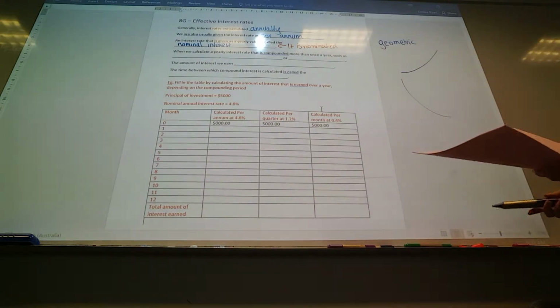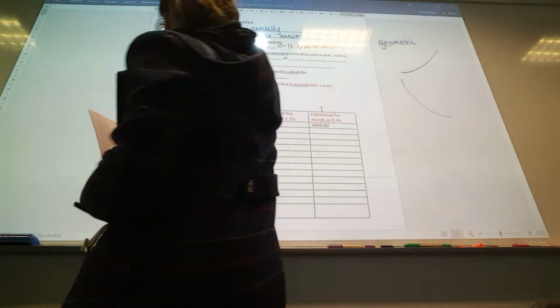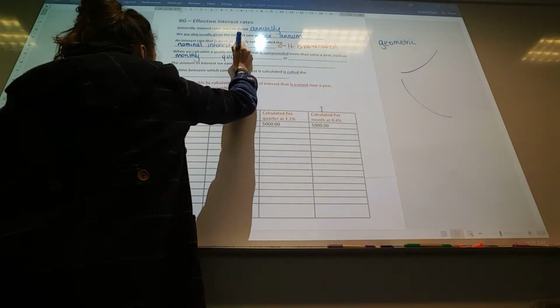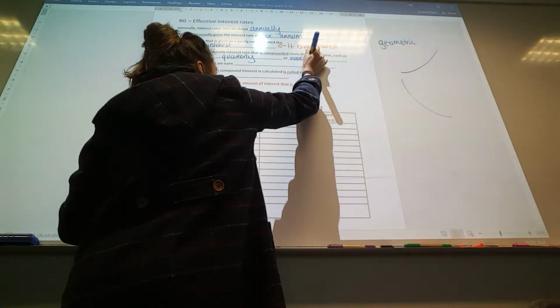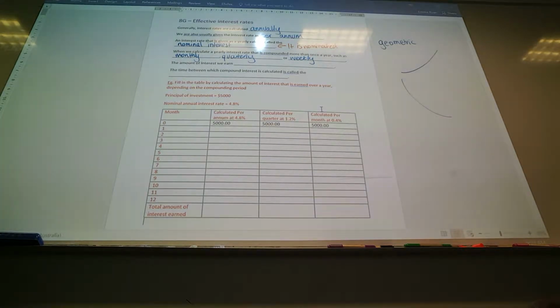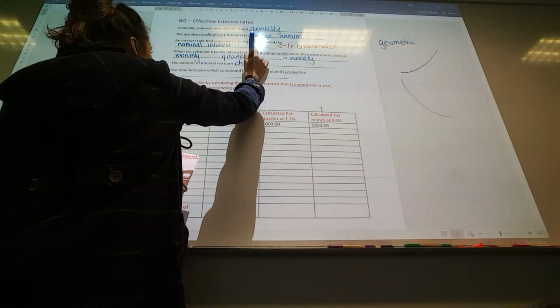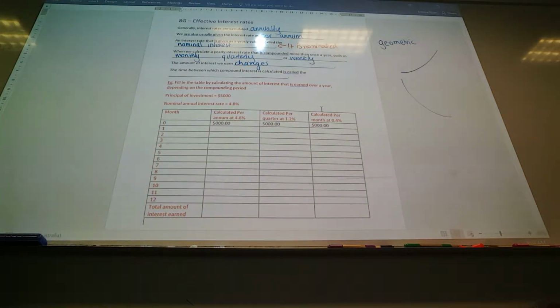When we calculate a yearly interest rate that is compounded more than once a year, such as monthly, quarterly, weekly, fortnightly, six monthly, could be anything, the amount of interest we earn changes, even though we still have the same interest rate.